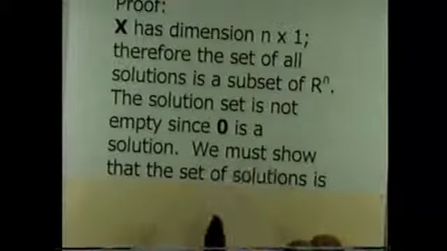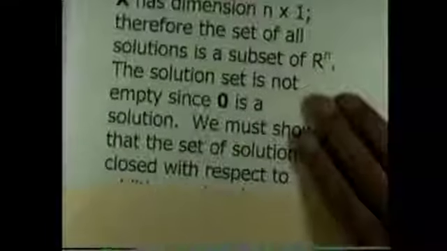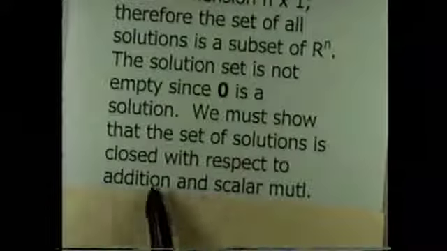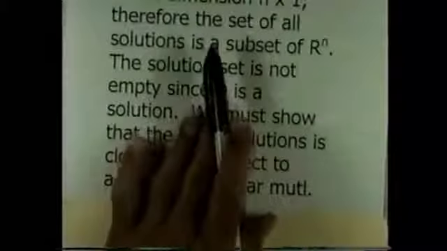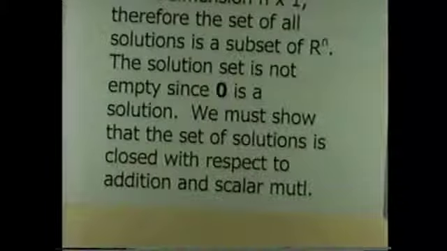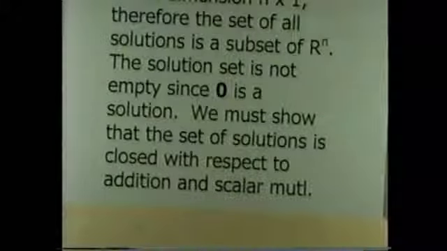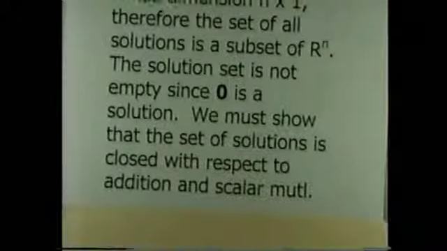So now we must show that the solution set is closed with respect to vector addition and scalar multiplication. Again, to show that something is a subspace, you have to show 3 things: it's not empty, it's closed with respect to vector addition, and it's closed with respect to scalar multiplication.